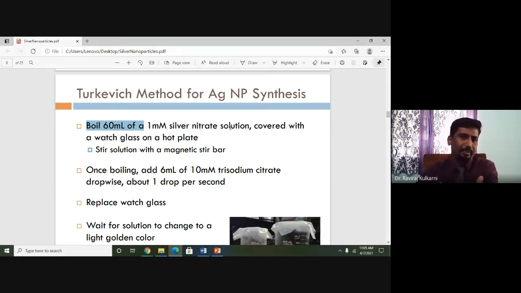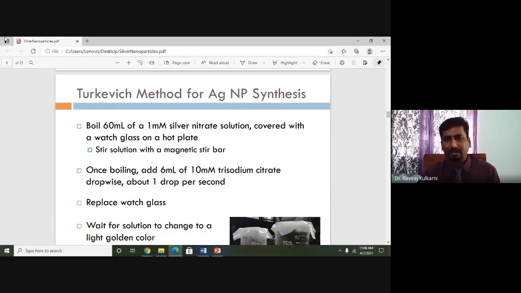While stirring, we keep it on a magnetic stirrer, and we heat it to around 60 to 80 degrees Celsius, 80 degrees Celsius minimum, and above that we keep it always. We boil this solution while stirring. Then when it is boiling, we add 6 ml of 10 millimolar, 10 times more concentrated than silver nitrate, trisodium citrate.